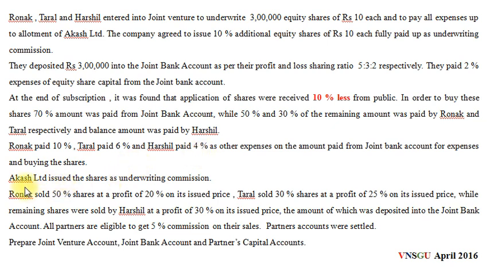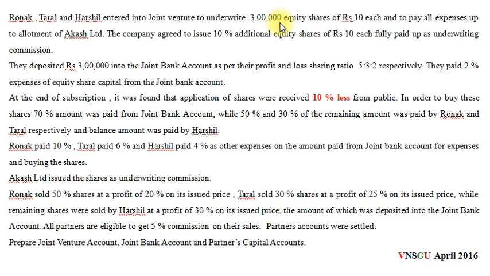Next, Akash Limited issued these shares as underwriting commission. Dear students, here Akash Limited agreed to pay 10% additional equity shares of rupees 10 each as underwriting commission. So 10% of 3 lakh equity shares would be 30,000 equity shares of rupees 10 each.